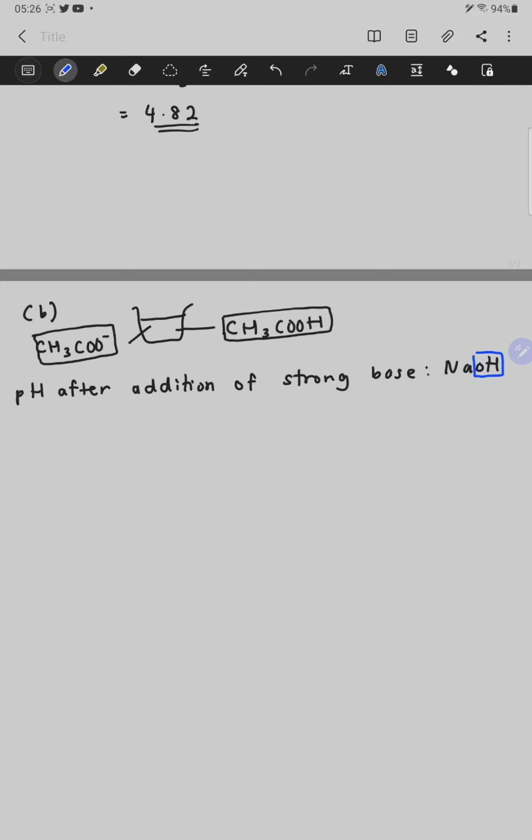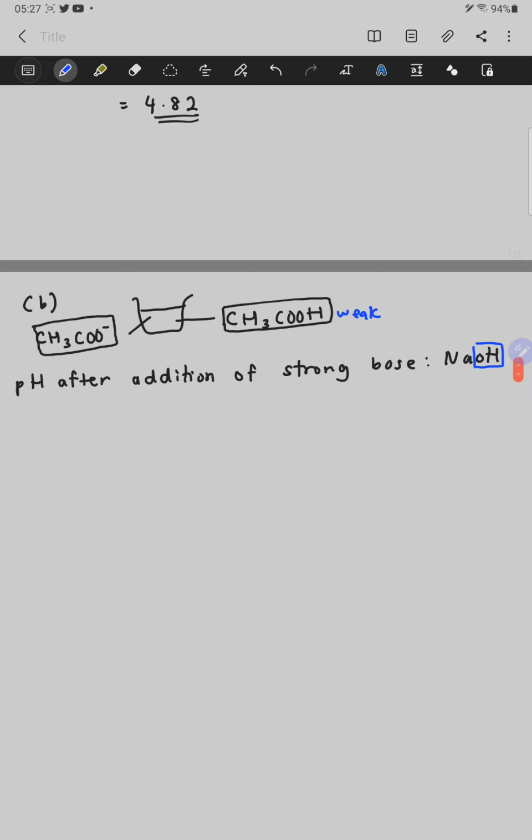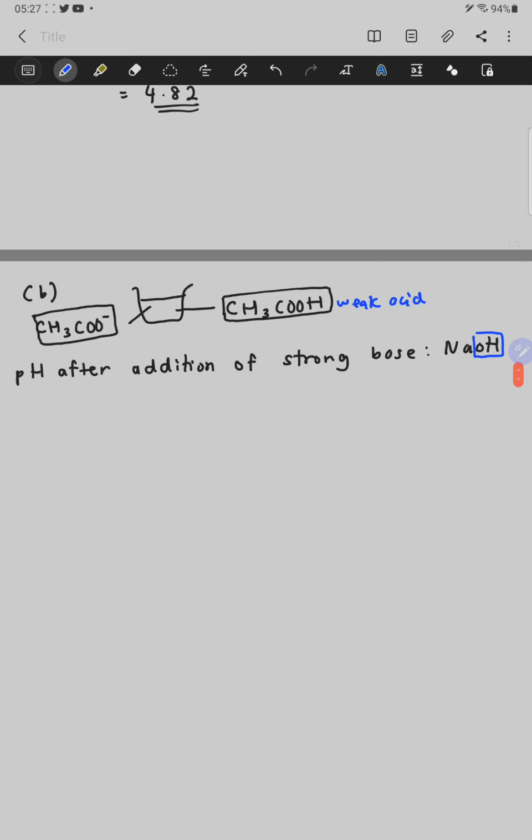Okay, so OH- ini adalah base, right? So base mesti akan di-neutralize oleh weak acid. Okay, neutralization always occur between base and also acid. So awak kena pandai pilih antara dua spesies ni, weak acid dan juga conjugate base, yang mana yang akan react untuk neutralize OH-. So OH- ini base. So base will be neutralized by acid. So the first thing yang korang kena buat adalah equation for the buffer action.